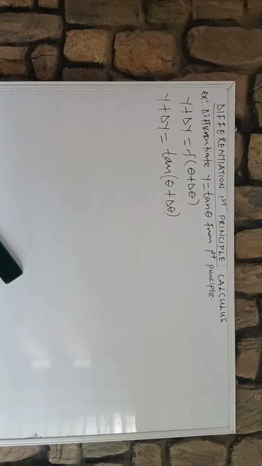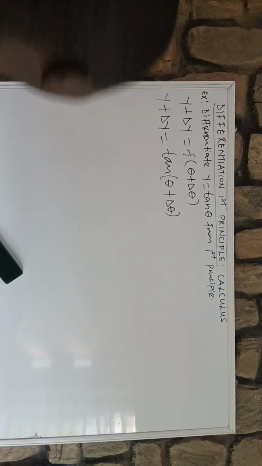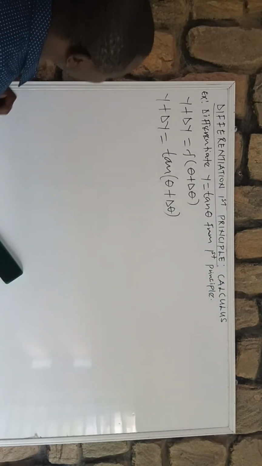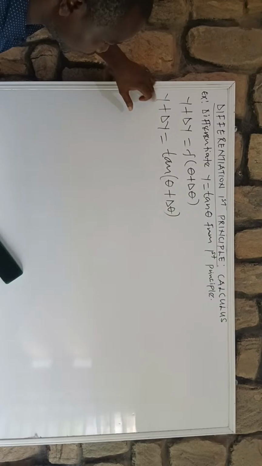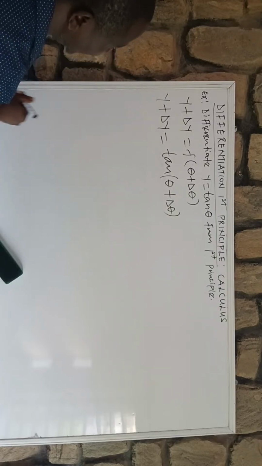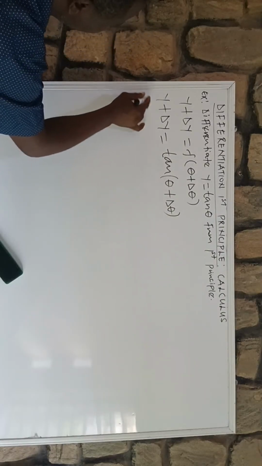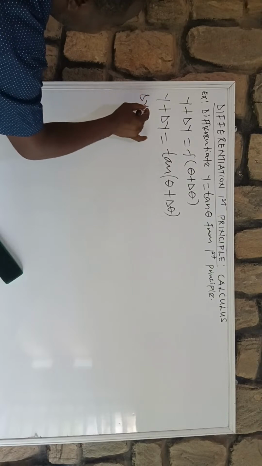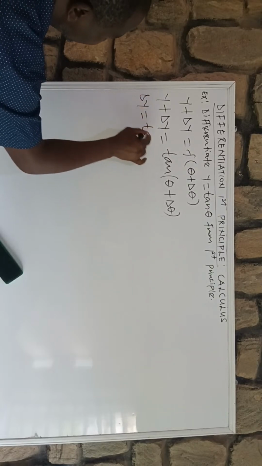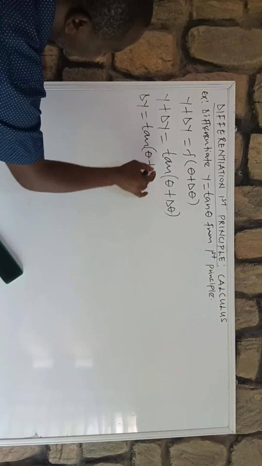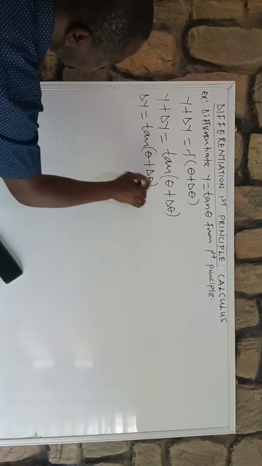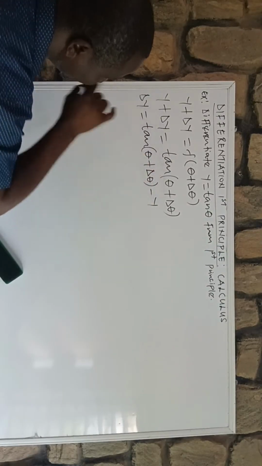Okay, so if you can see what I am saying, you don't need the prophet to tell you. It means we are going to subtract y from both sides. If we subtract y from both sides, this is what we are going to have: dy is equals to tan open bracket theta plus d theta minus y.